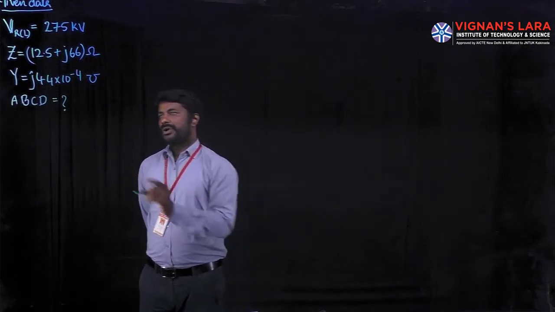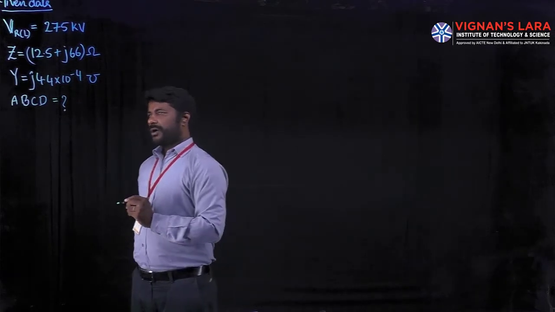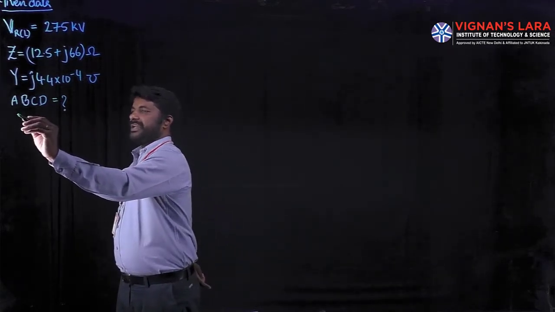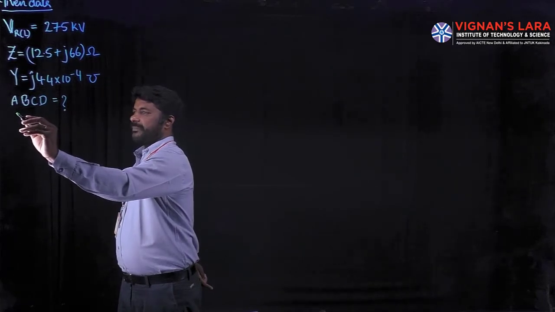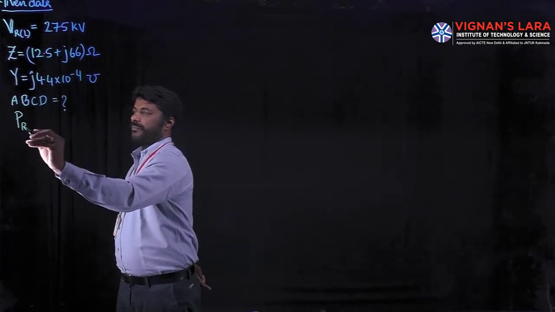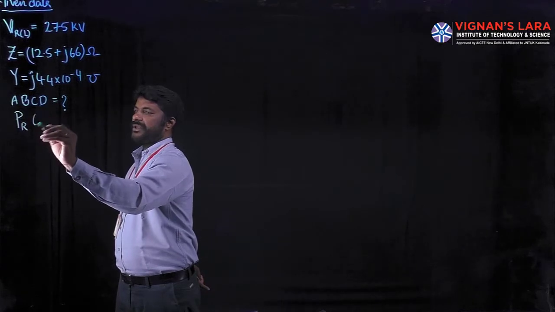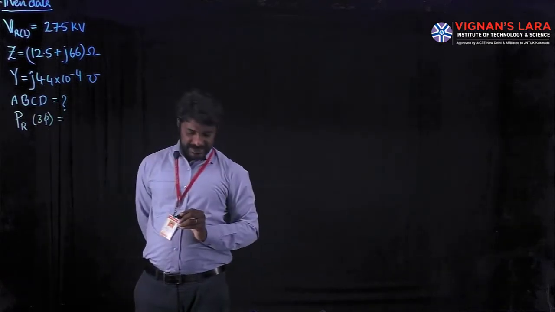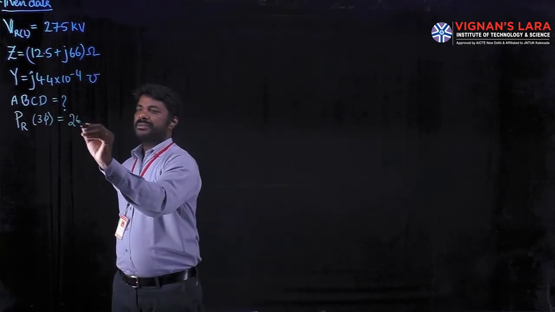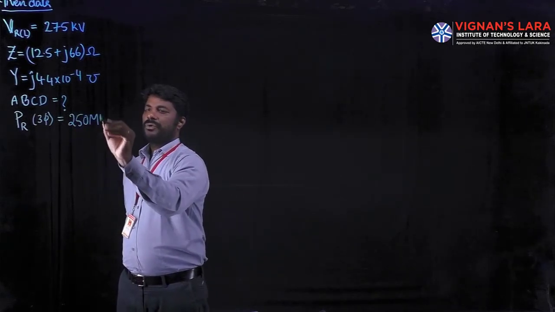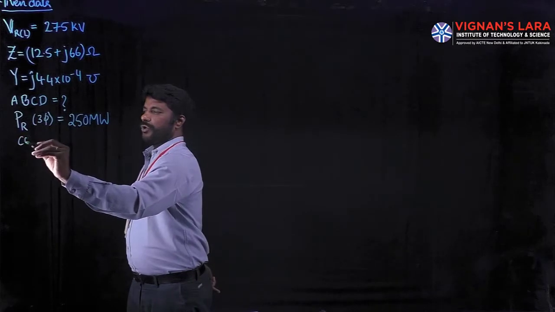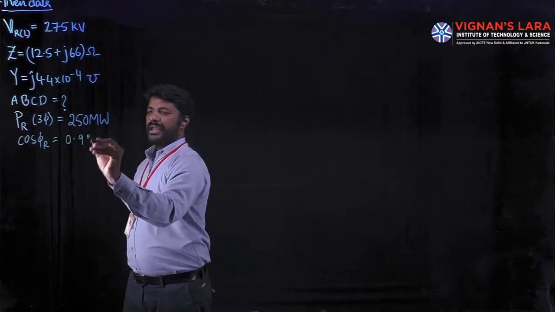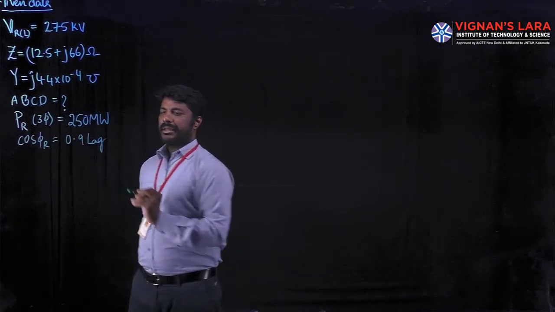Okay, so after finding out the ABCD constants, they have still given in the problem that the receiving end side load is connected with a power on the receiving end side, whose value is a three-phase value. Three-phase power is given as 250 megawatts with a load power factor cos phi r as 0.9 lagging.